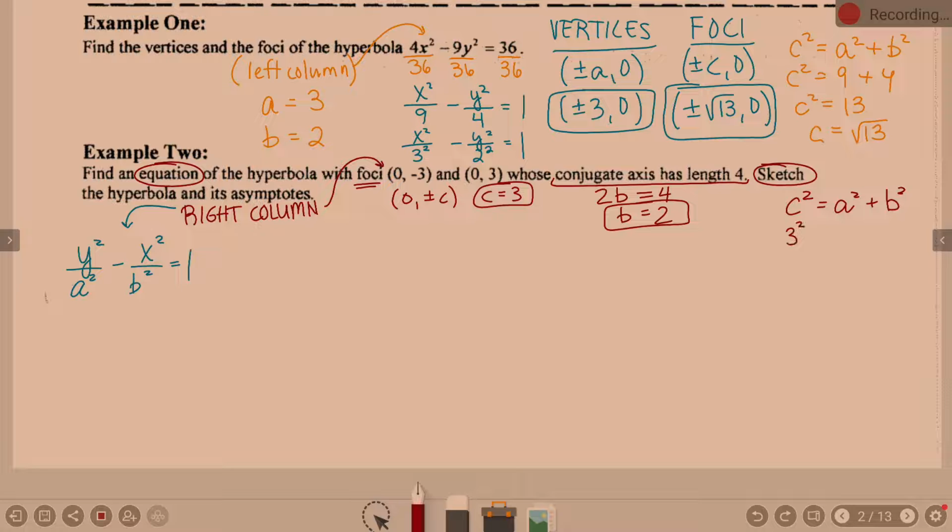So 3 squared equals a squared plus 2 squared. So 9 equals a squared plus 4. a squared is 9 minus 4, so that's 5. And a is the square root of 5.